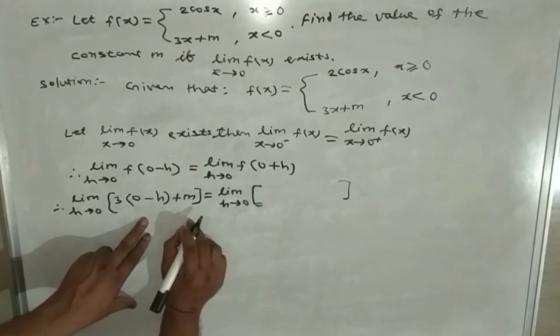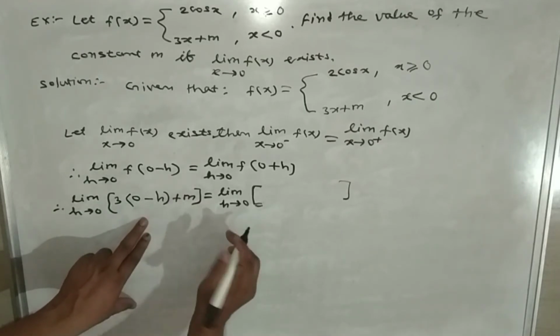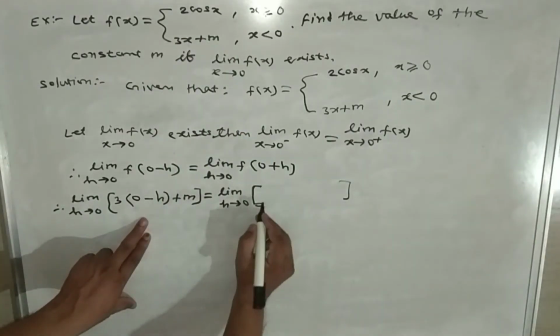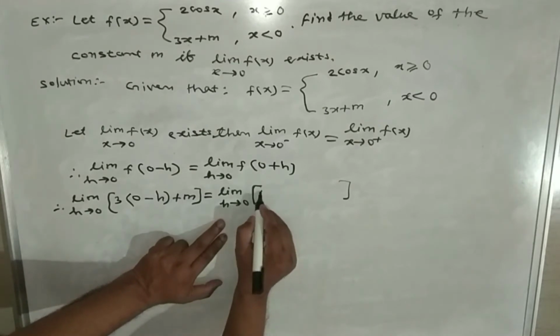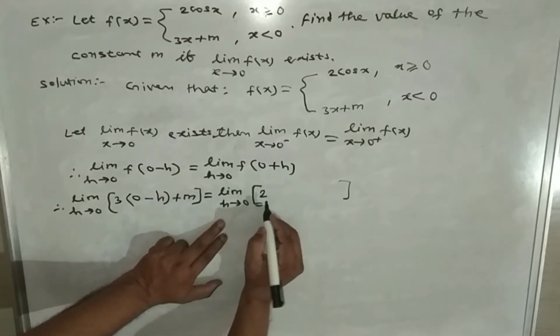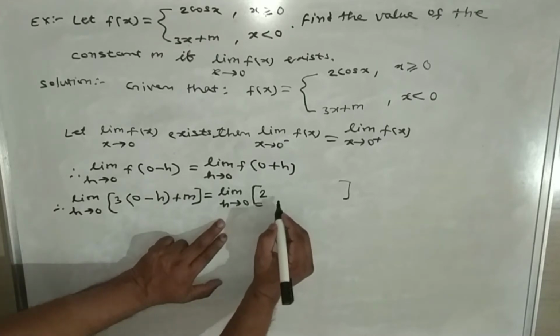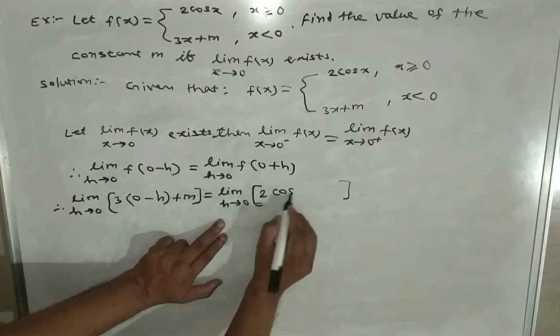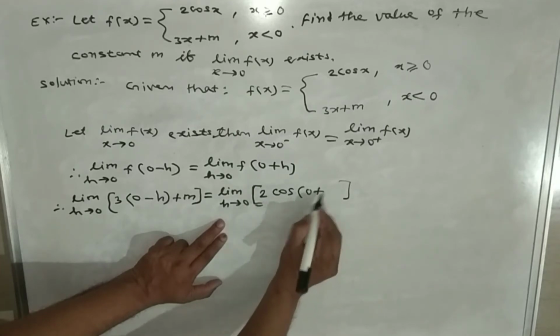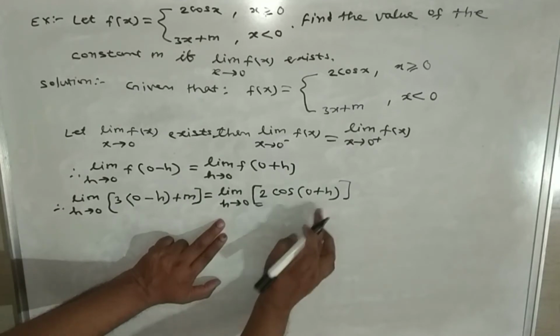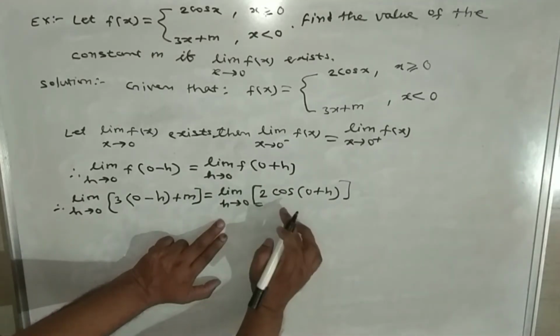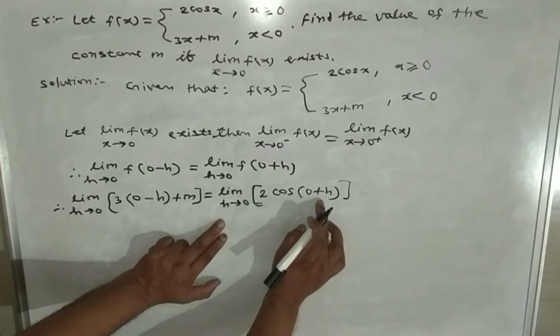So now for this, the limit as h tends to 0 of 2 cos of 0 plus h. Cos x is f of x, cos x is 0 plus h here.